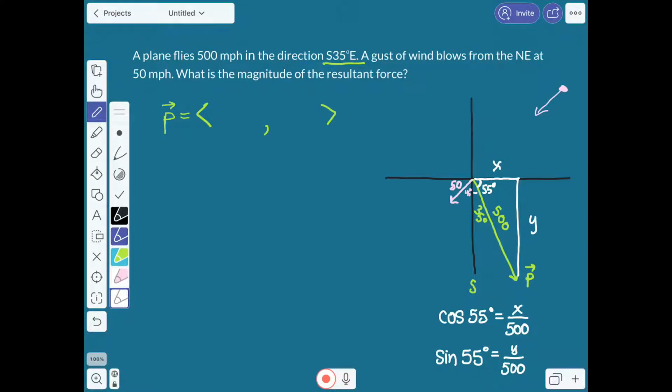And so then if we just solve both of those, grab a calculator, 500 cosine 55 and 500 sine of 55. All right, so I've got 286.788 and 409.576 going on here.